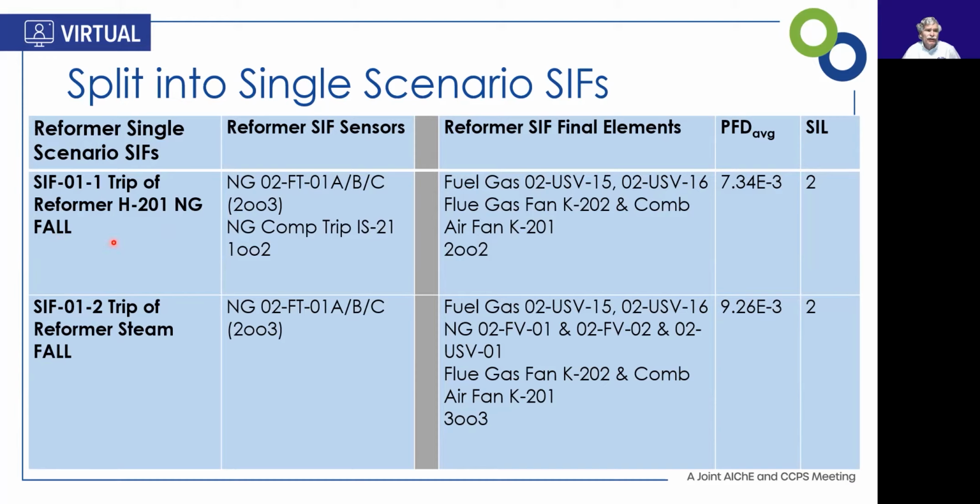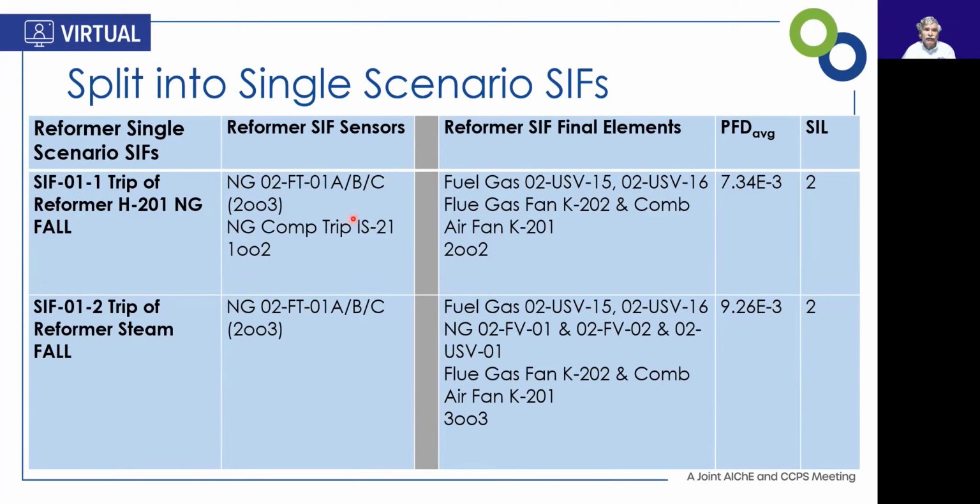We recognized that low flow of natural gas was an issue here. It could be detected by the 2 out of 3 flow transmitters, or it could be detected by an input signifying a trip of the natural gas compressor. Then we said, okay, what protects us from the consequence of low natural gas flow?